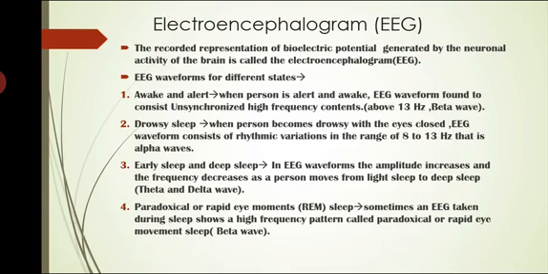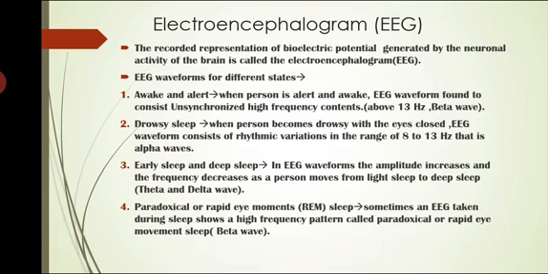Third state, early sleep and deep sleep. In the EEG waveform, the amplitude goes on increasing and frequency goes on decreasing as the person moves from light sleep to deep sleep, and those waves are considered theta and delta.